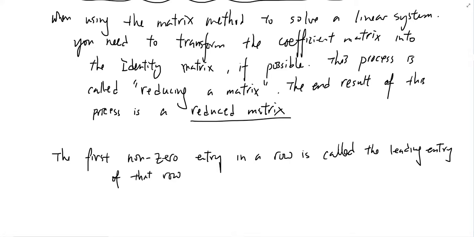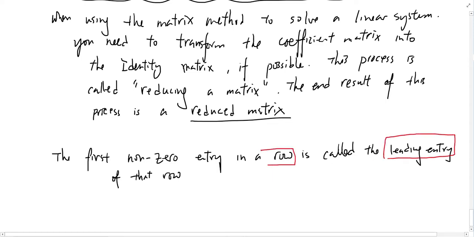Important to understand is that the term leading entry is identified by a row, and it's the first non-zero entry.